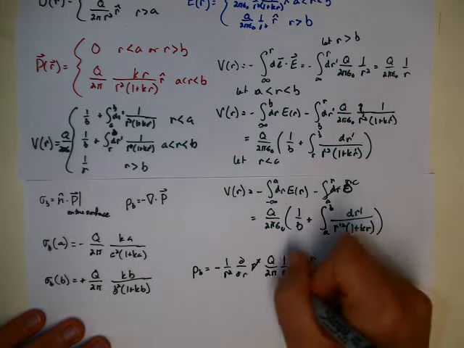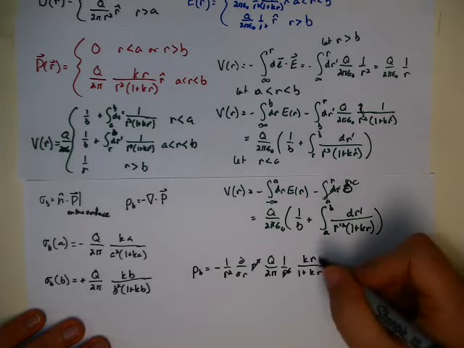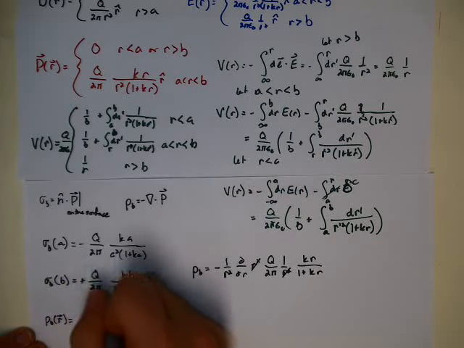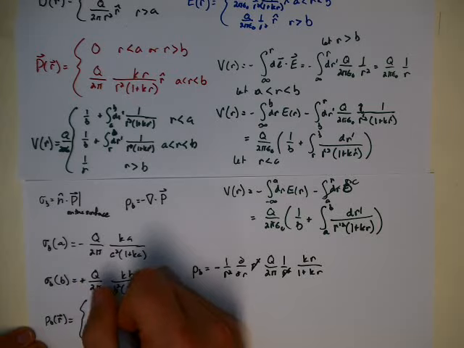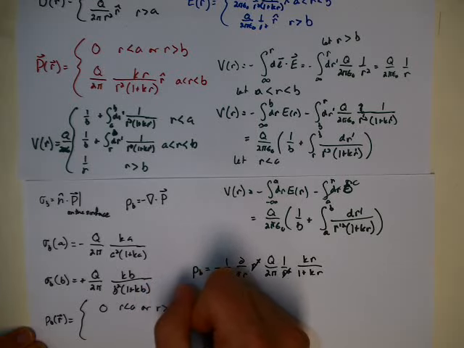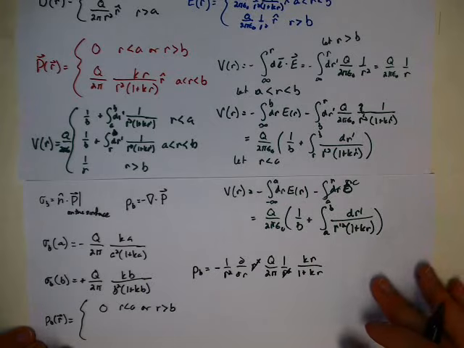So the r squareds there are going to cancel, and then I just need to take the derivative of this expression. So when I write that out, my bound charge, as a function of position, is going to be, of course, 0 for r less than a or r greater than b, because there's no dielectric, therefore there can be no bound charge.